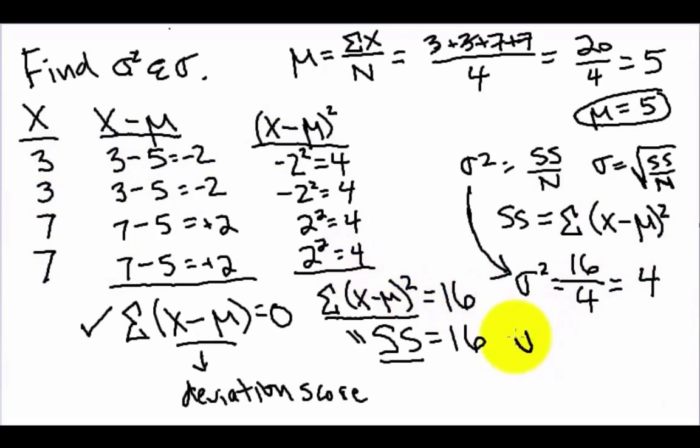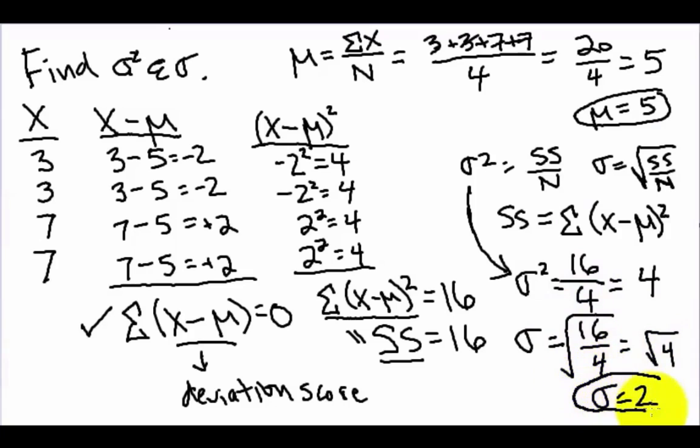Then the standard deviation is equal to the square root of SS over n. So that's 16 over 4, and we take the square root of that, or the square root of 4, which is equal to 2. So in this example, the standard deviation is equal to 2, and the variance is equal to 4.